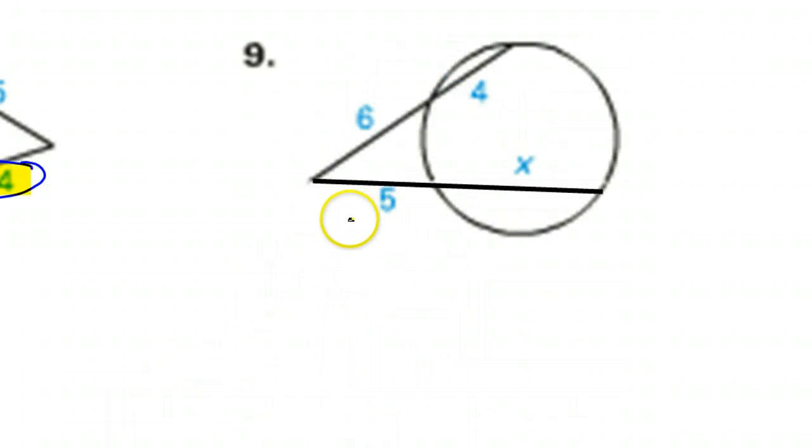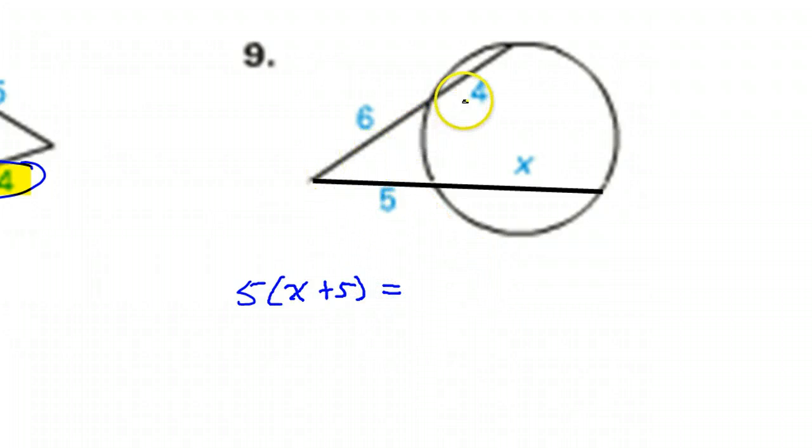Alright, number 9. Part times whole. Alright, 5 is the part because it has to be the outer part. The whole is the sum of these. I'm going to say x plus 5, but you could say 5 plus x if it makes you happy. And looking at the upper segment, part times whole, 6 is the part. It has to be the outer part, times the whole, which is 10. So part times whole equals part times whole.